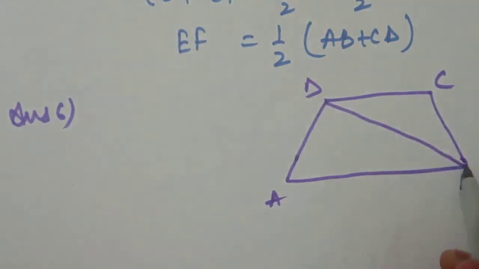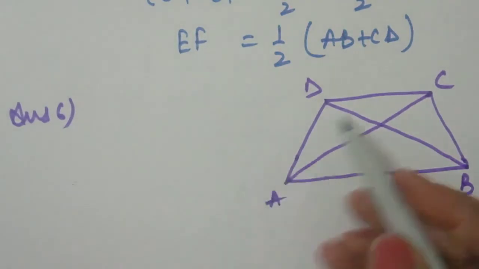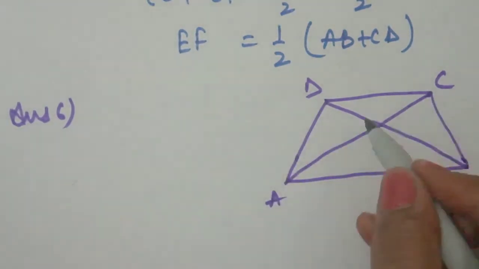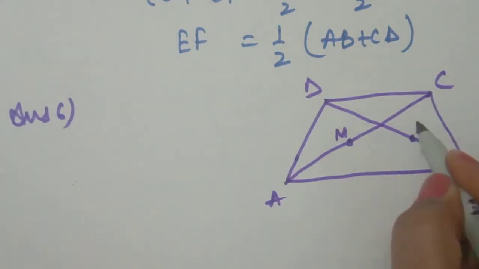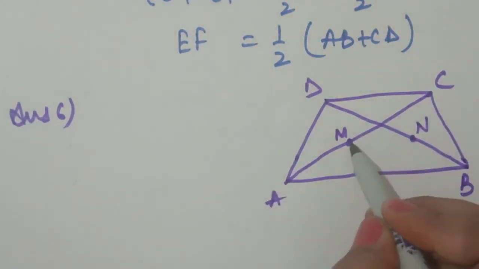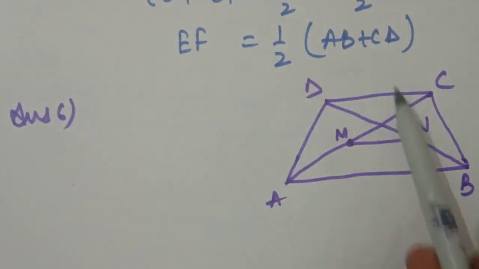In this trapezium, these two are the diagonals, and this is the midpoint of AC and this is the midpoint of DB. And we have to prove that this line MN is parallel to the sides of the trapezium, it means AB and DC.